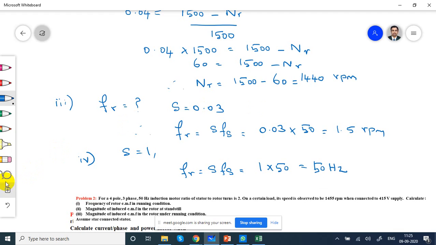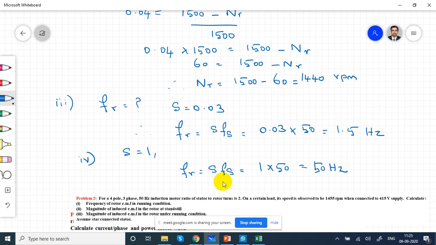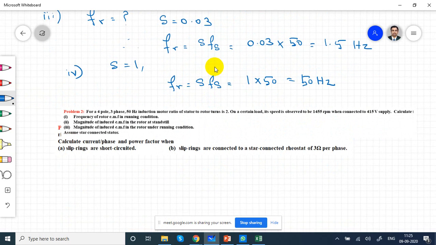Okay. The third one will be 1.5 Hertz. Now we will switch on to the second problem.